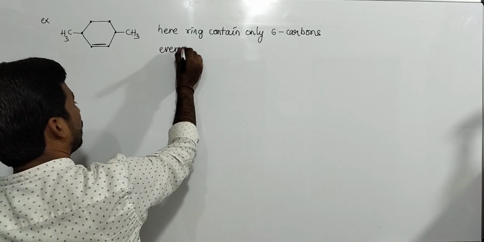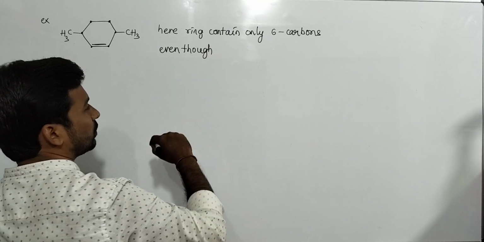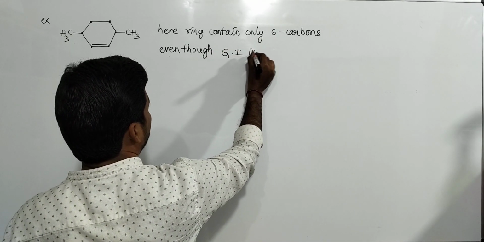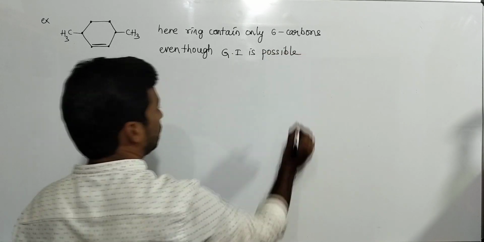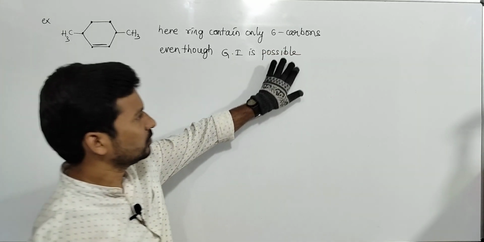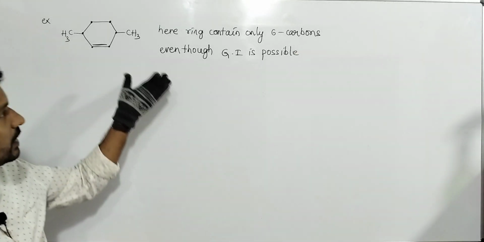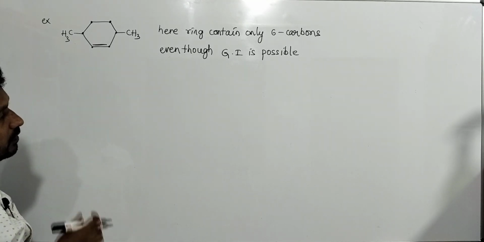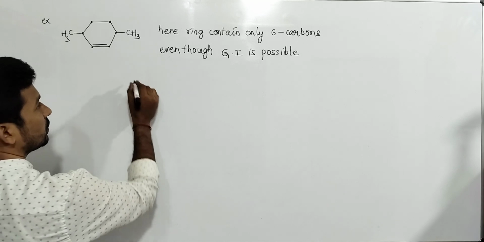Even though the ring is small, geometrical isomerism is possible. How is it possible, for a cycloalkene containing less than 7 carbon atoms?